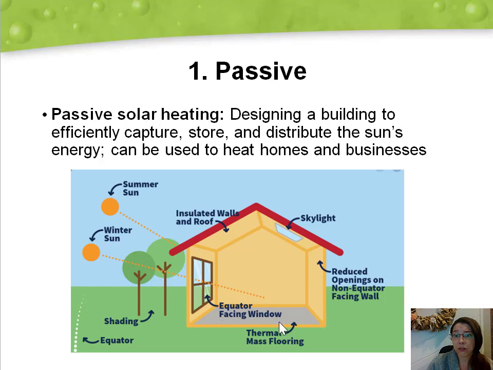They have flooring and a design so that when the sun's radiant heat comes in, it will reflect off of these other surfaces and help to warm the area. We want to reduce the amount of openings on the non-equator facing wall because you would end up losing too much heat. So you want to keep that heat trapped in.